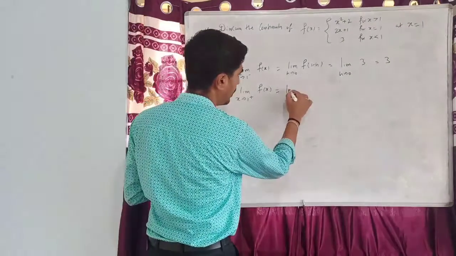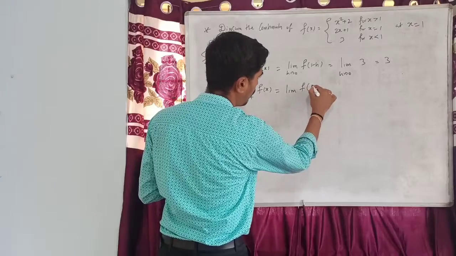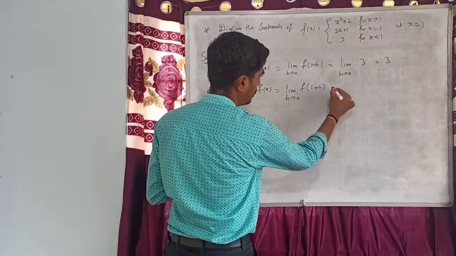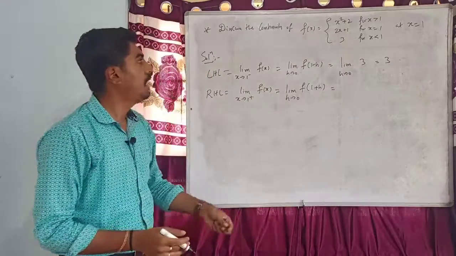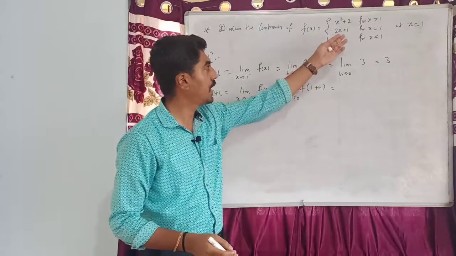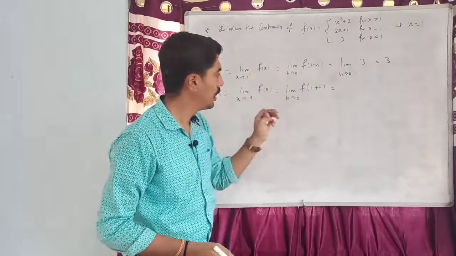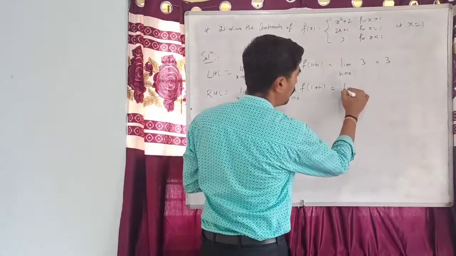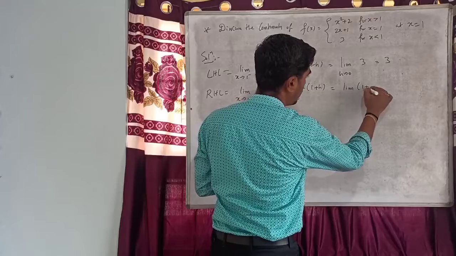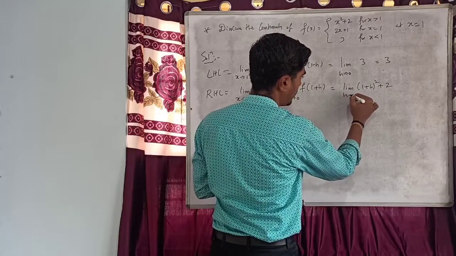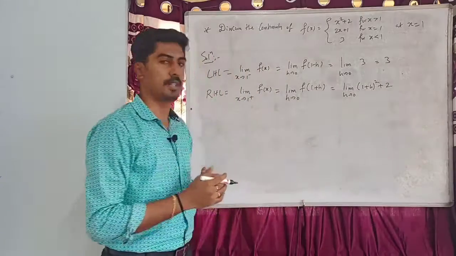This is equal to limit of f of 1 plus h as h tends to 0. By the definition of f of x, for x greater than 1, it is defined as x square plus 2. So this should be equal to limit of 1 plus h whole square plus 2 as h tends to 0.